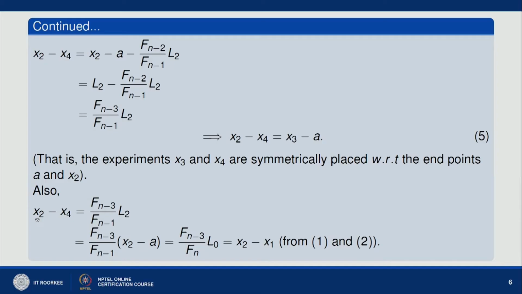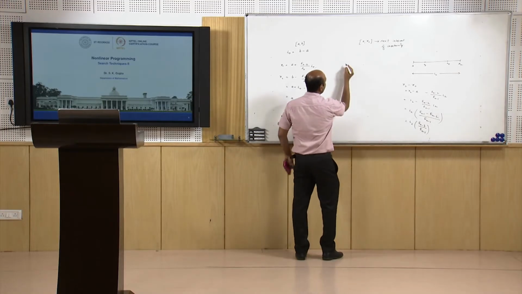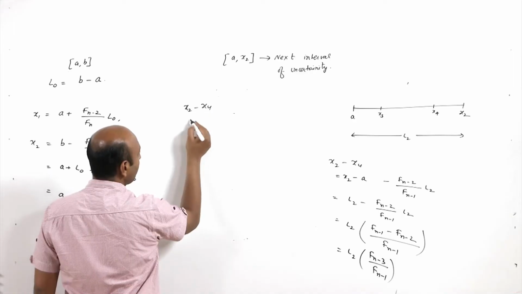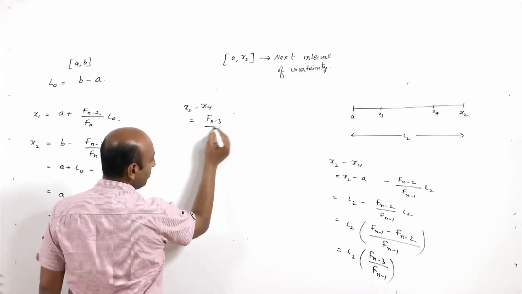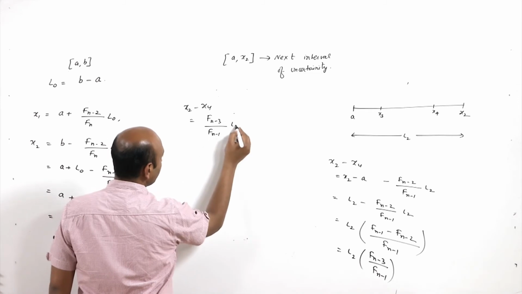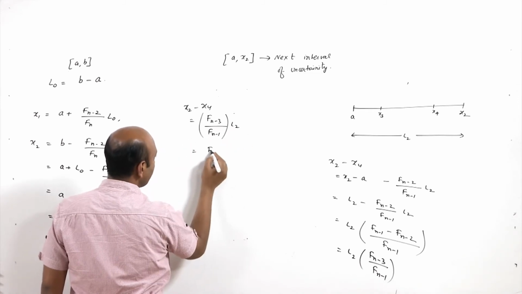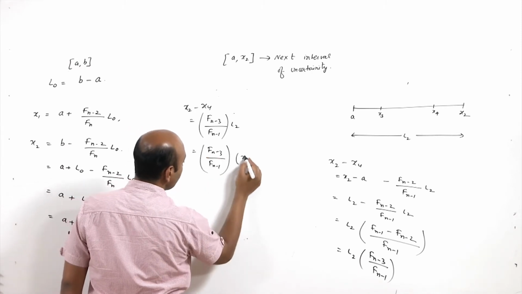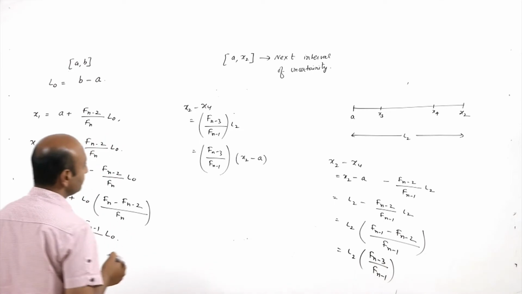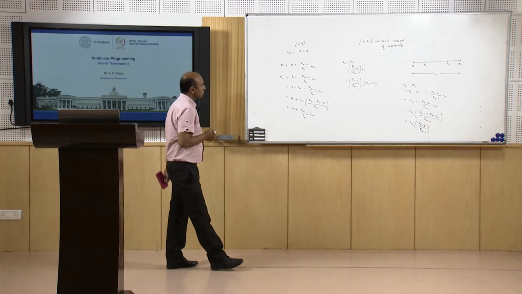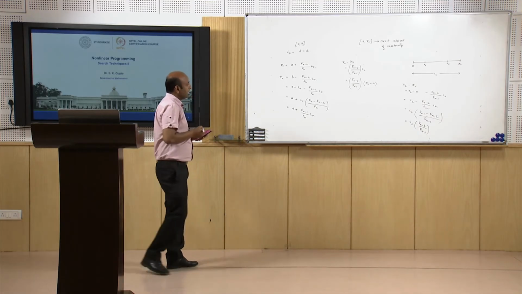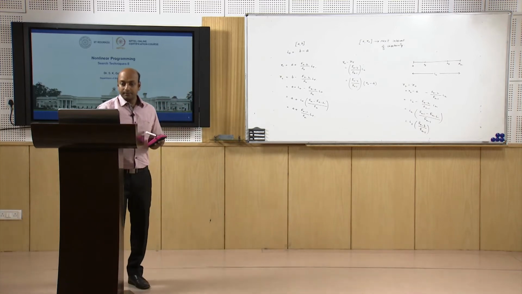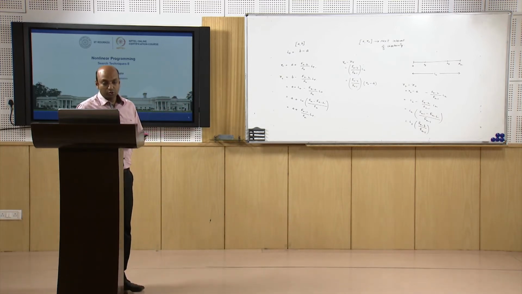Now, if we find x2 minus x4, which is this expression, what we have obtained is equal to fn minus 3 upon fn minus 1 into L2, and what is L2? L2 is x2 minus a, okay, using 1 and 2.